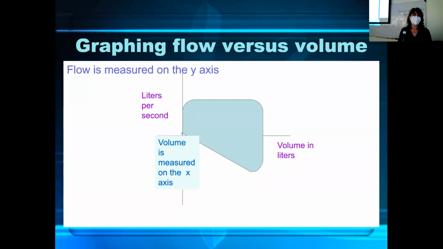So graphing flow versus volume. This is another common graphic that you look at on the ventilator. It's called the flow volume loop, and that's the most common way that this is referred to.